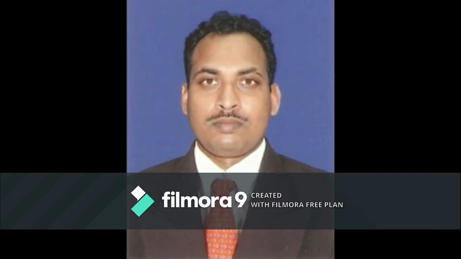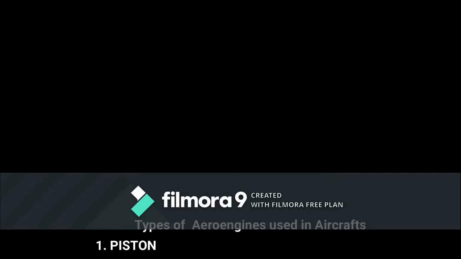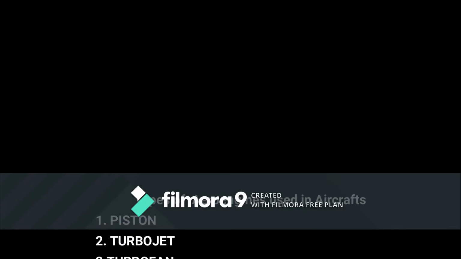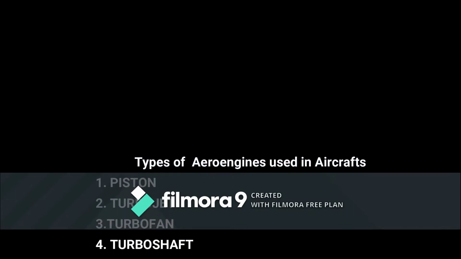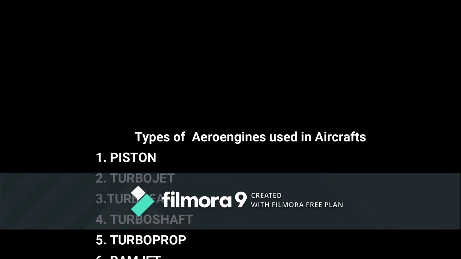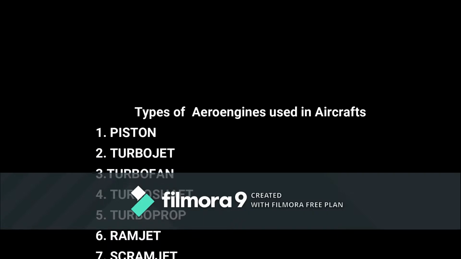In continuation of my previous video, in which I described components of an aircraft and some of the important aspects of an aircraft for the basic knowledge of all those students and even other people who are interested to know something about an airborne vehicle, the vehicles which are flying in air.